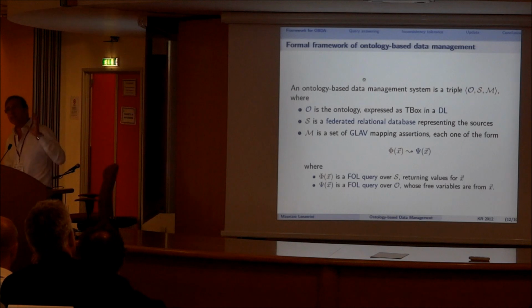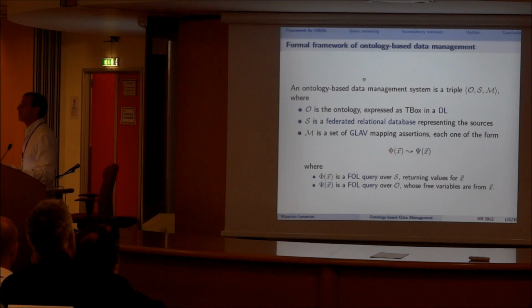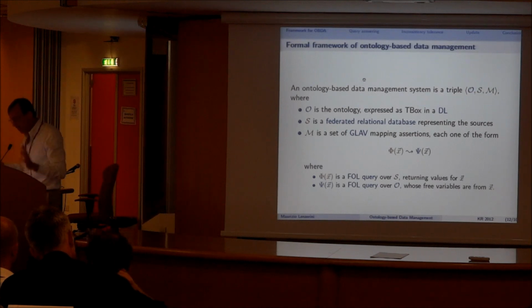Some of them are just mechanisms to map one element of the alphabet at the sources with one element of the ontology. We believe that in practical settings, you really need a very expressive mapping language that allows you to express relationships between any view on the data and any view on the ontology. So in principle, you might need this kind of mapping language.